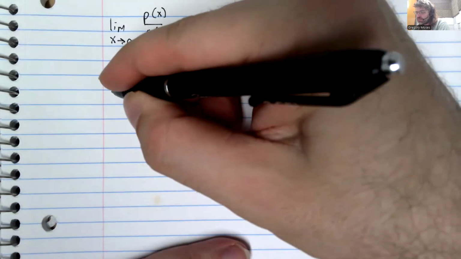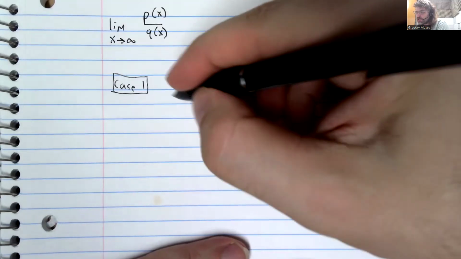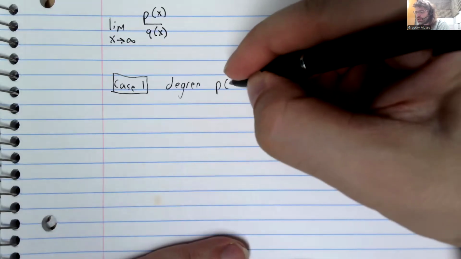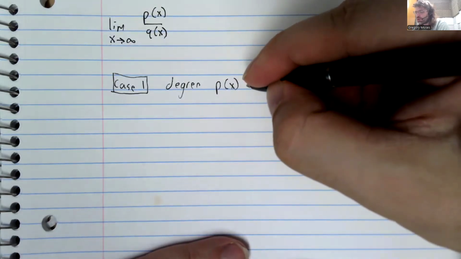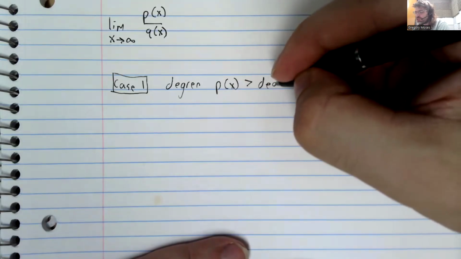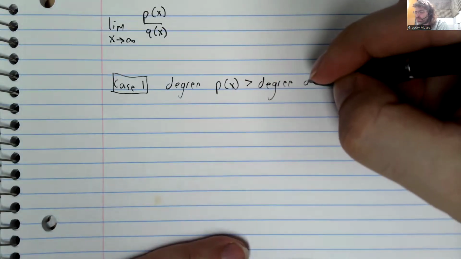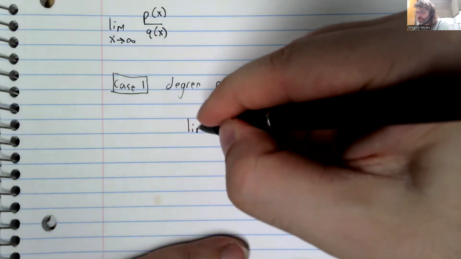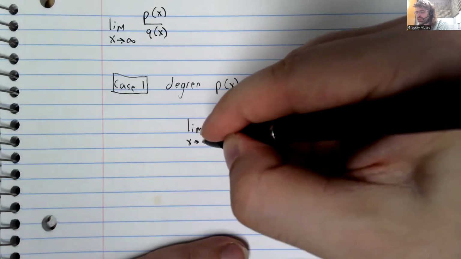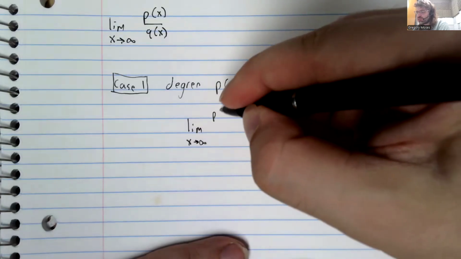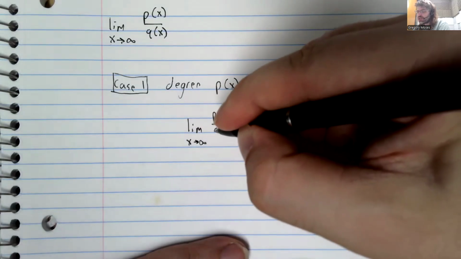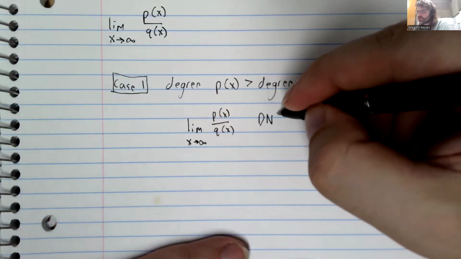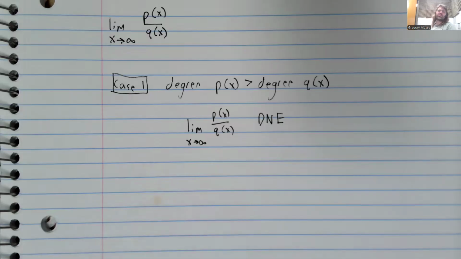Case one, the degree of the top is bigger than the degree of the bottom. In this case, the limit as x goes to infinity does not exist.